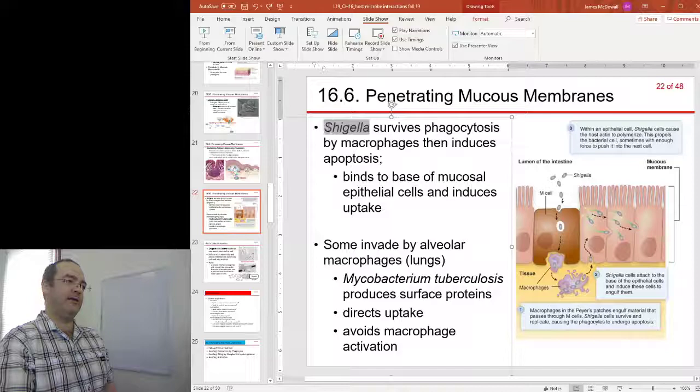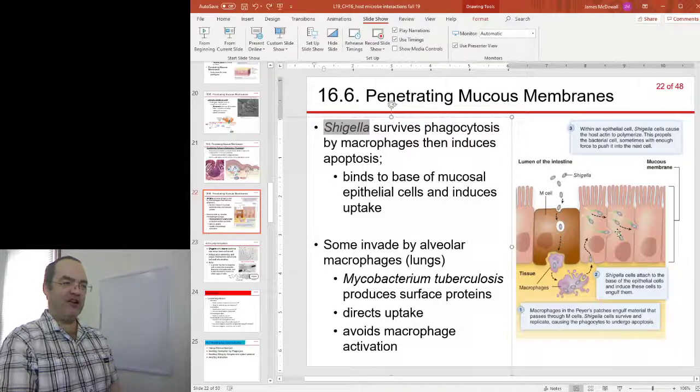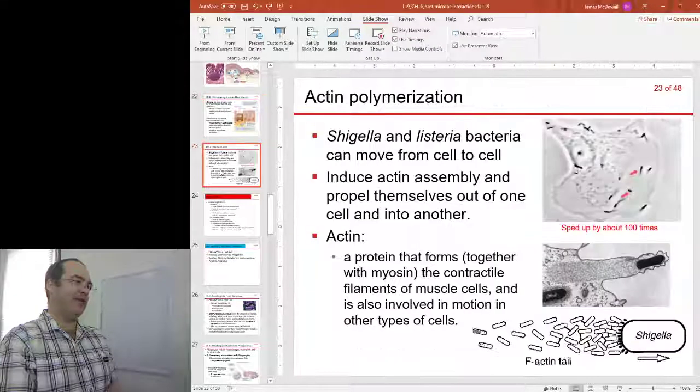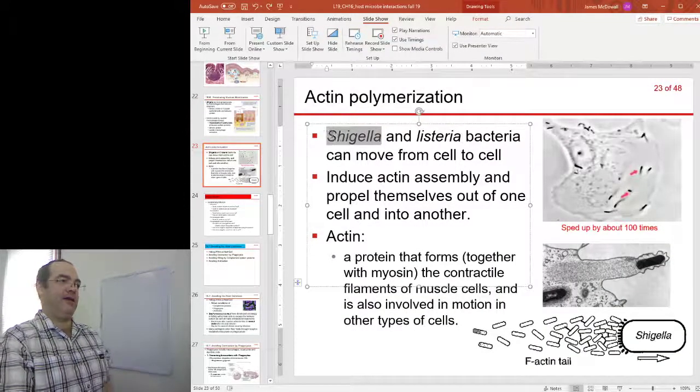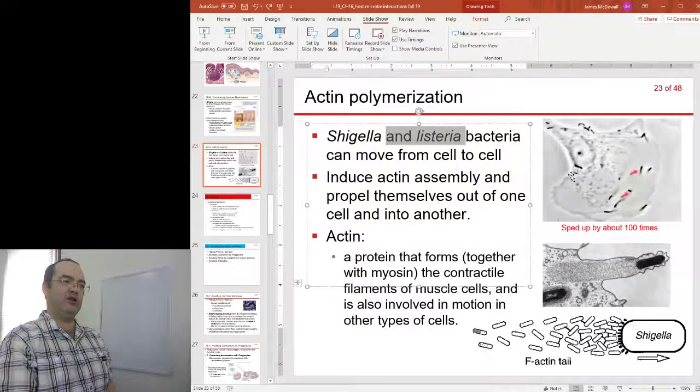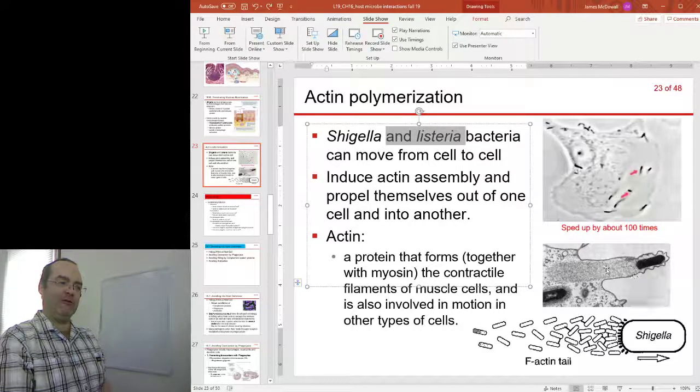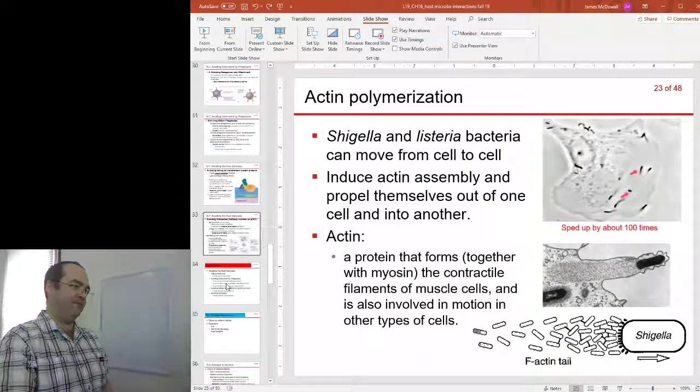Shigella does it by being uptaken on purpose, killing the macrophage and getting into the cells. And in both cases, well, in the case of Shigella and Listeria, those bacteria can then use this actin system to propel themselves and penetrate out of one cell into the other cell.